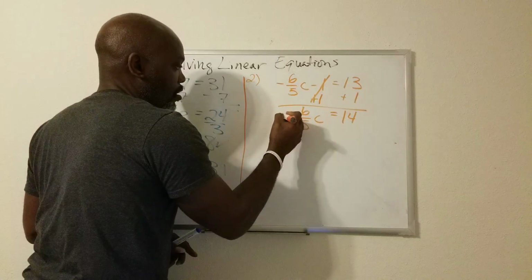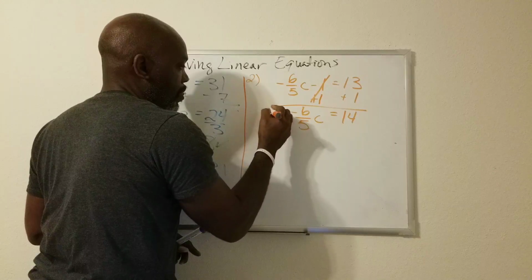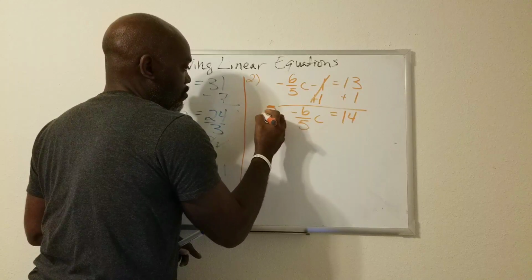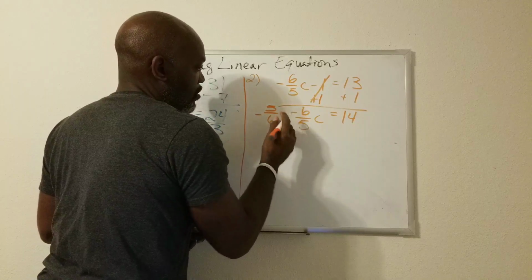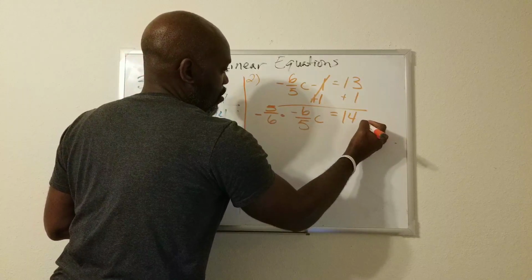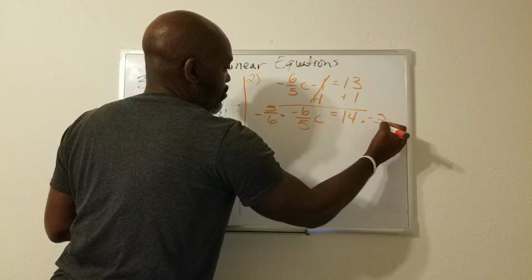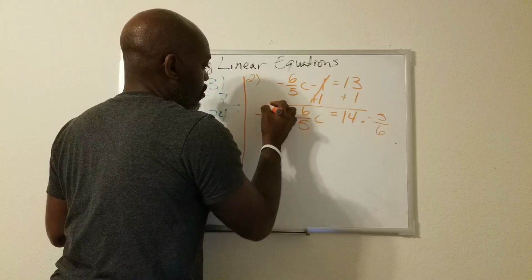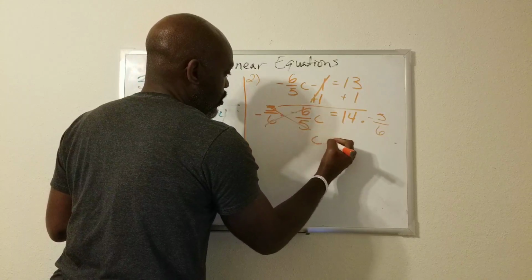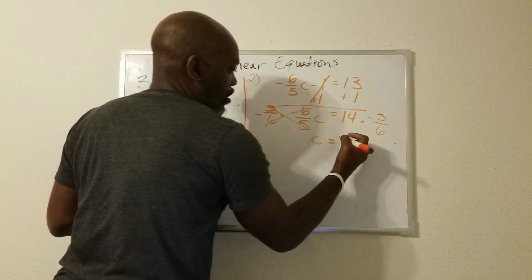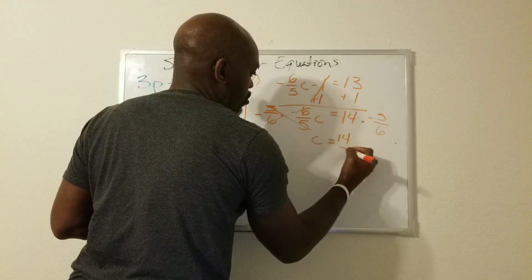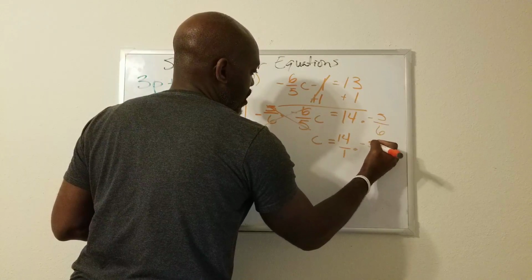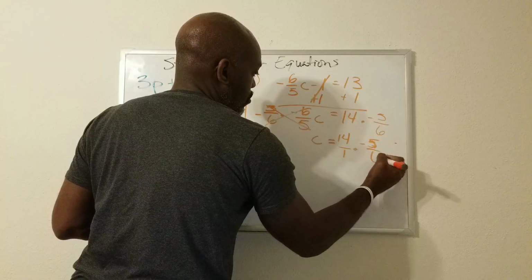So I'm going to multiply by the reciprocal, which is 5 over negative 6. And the same thing over here, negative 5 over 6. These reduce out to become a positive 1. C is left. Then I have 14 over 1 times negative 5 over 6.